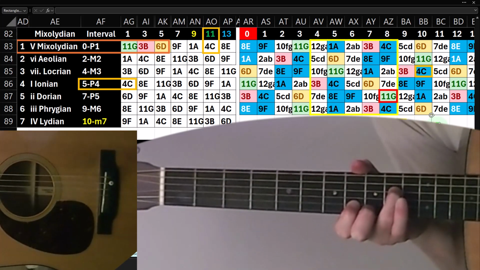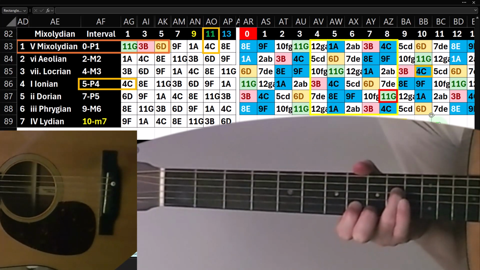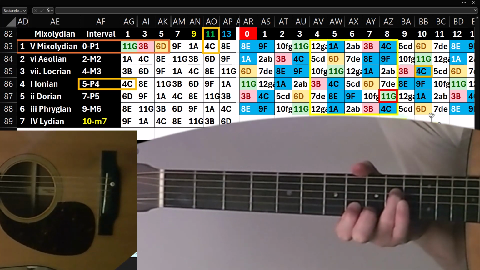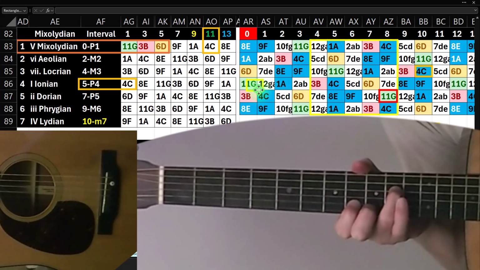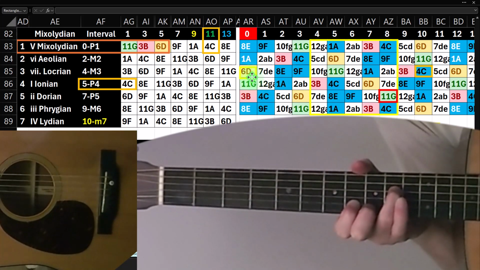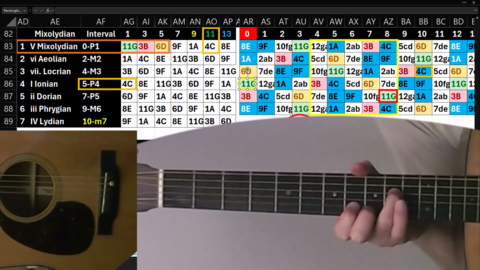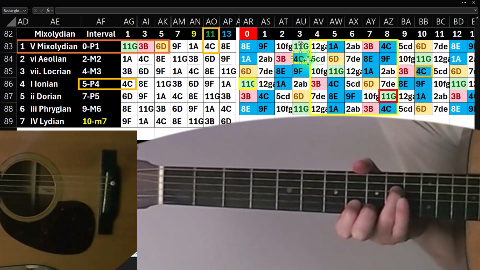So if I go up 2 strings, the 5-note away perfect fourth will be 2 frets forward unless I cross the fault line, but I wouldn't cross the fault line if I was on either the G or the D string. So if I was on this G string and I went up 2 strings, it would be here.